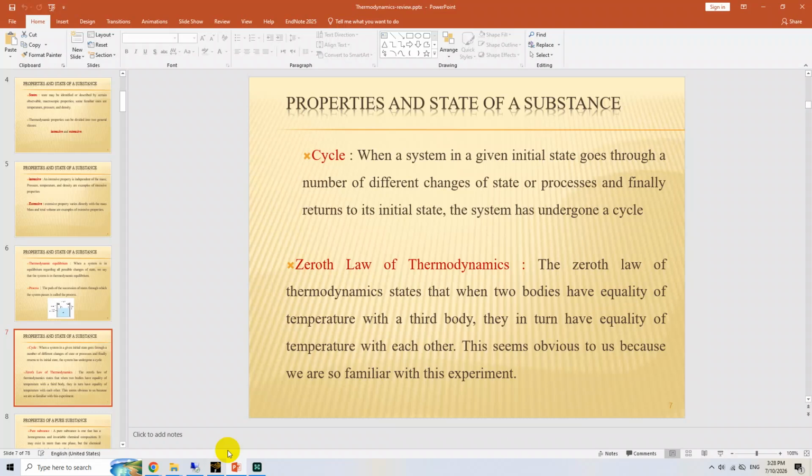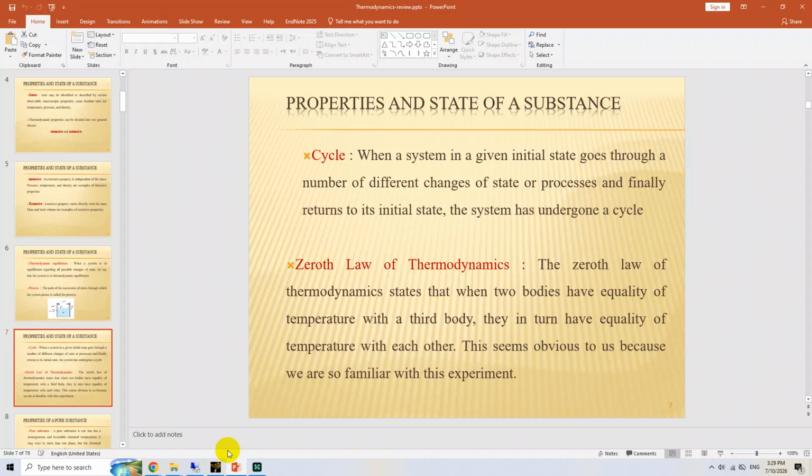The other definition is the zeroth law of thermodynamics. I put it as a question for you in the group. Why the zeroth law of thermodynamics?